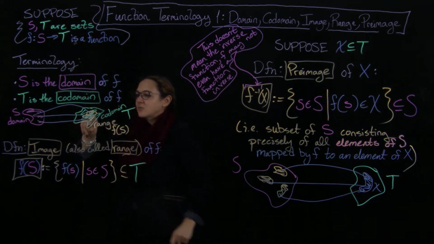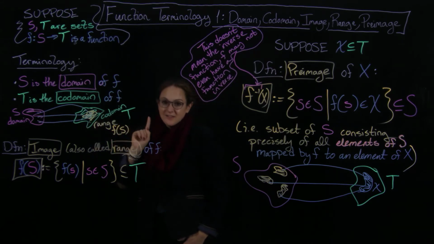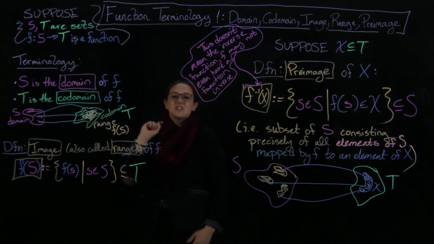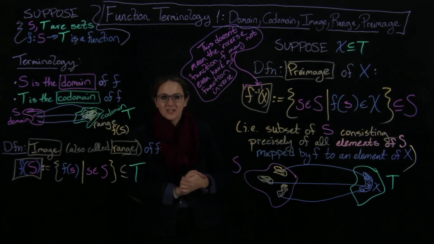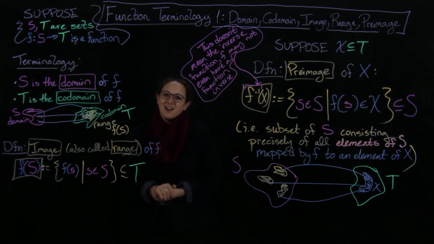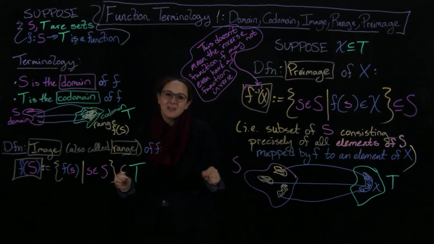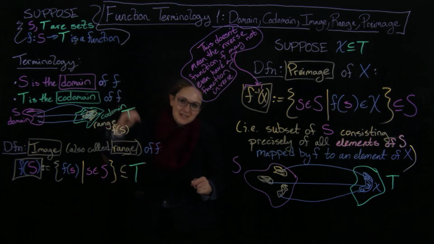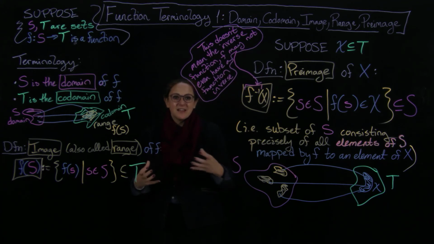If I just want to restrict to the stuff that actually is in the image, then that's the image, or the range. The other terminology, which students do find tricky, is the pre-image. This is not the function inverse. What I'm doing is looking at everything that will get mapped into that set X. You kind of have to think of it like that.